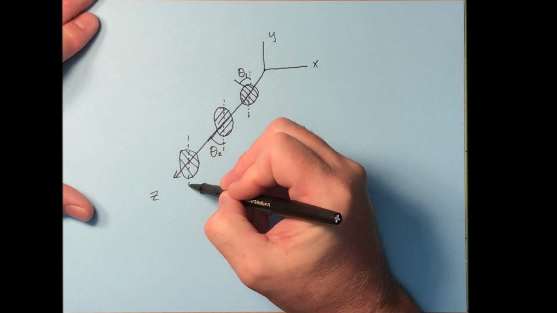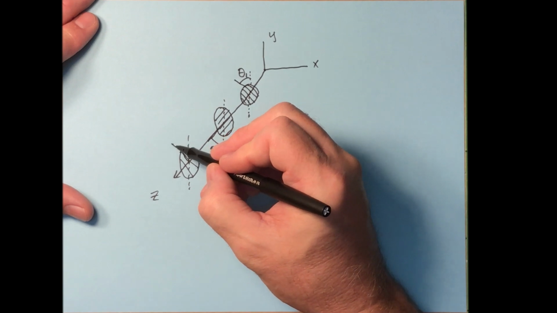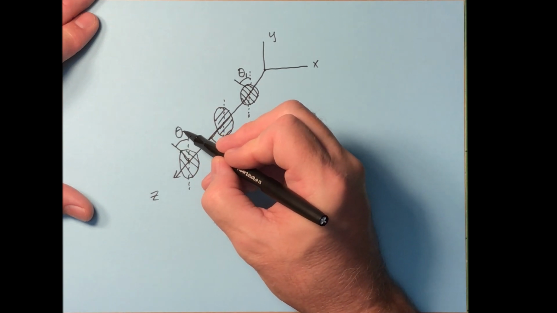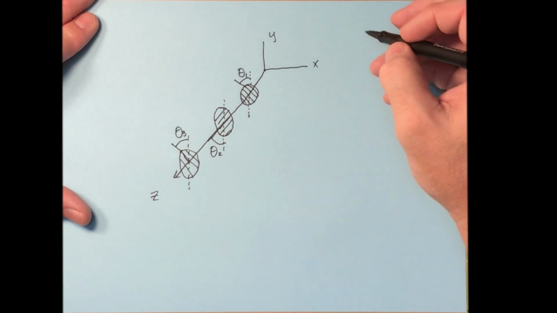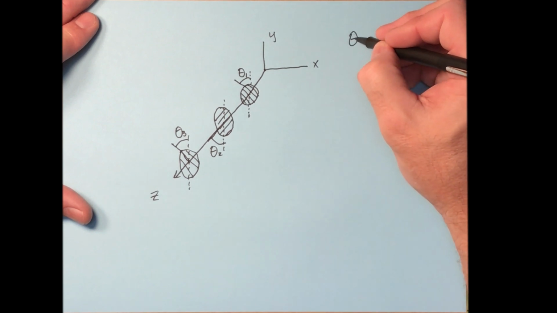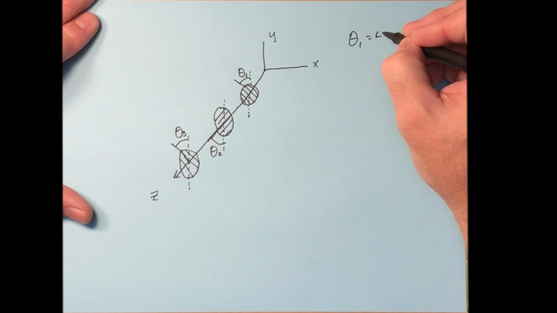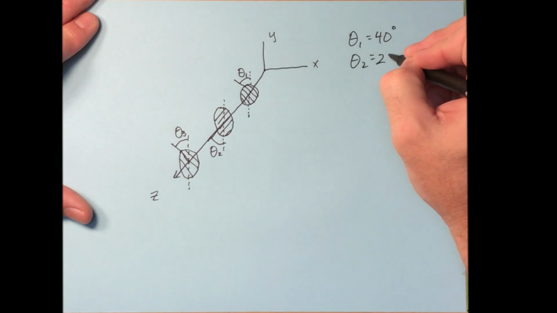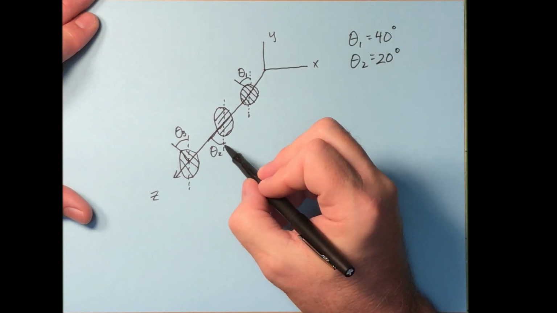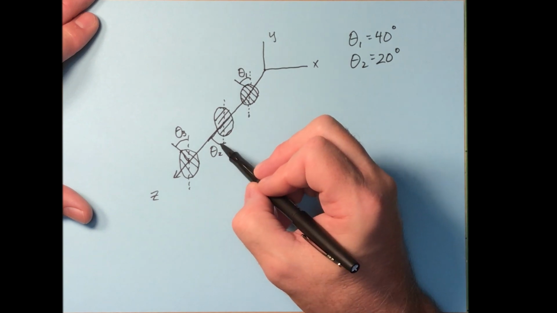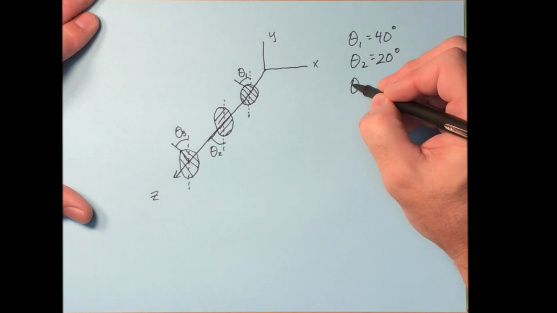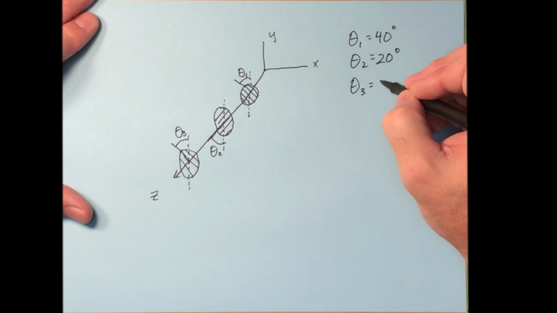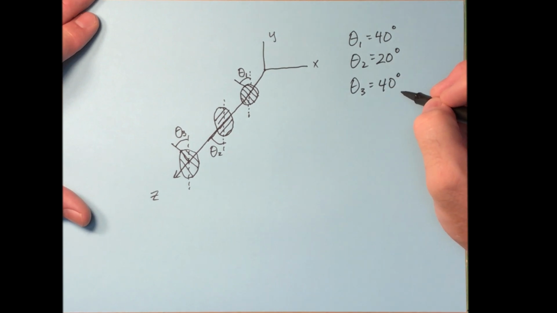Once again, this angle here is theta 3. Now let's give ourselves some angle values here. Theta 1, let's make that 40 degrees. Theta 2, let's make that 20 degrees, but notice it's measured from the bottom here. It's not measured from the top, so it's 20 degrees. And then theta 3, we can just make that 40 degrees again.